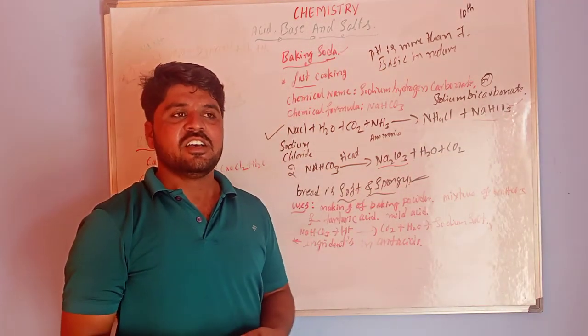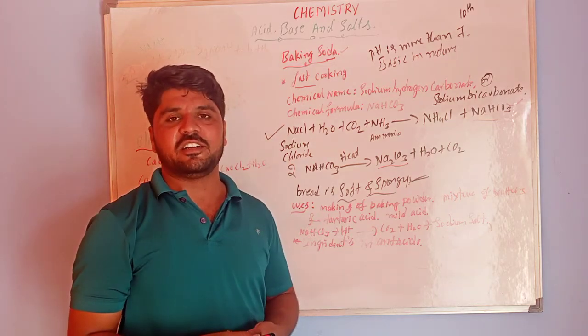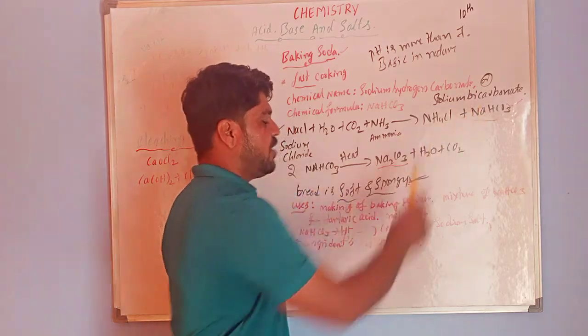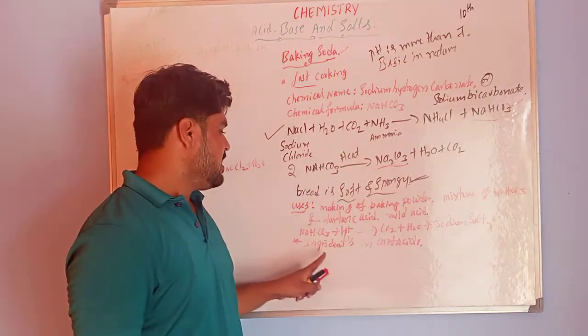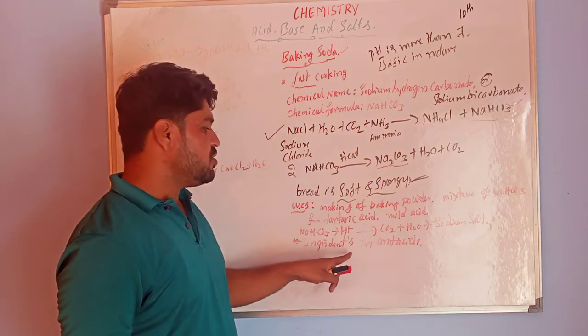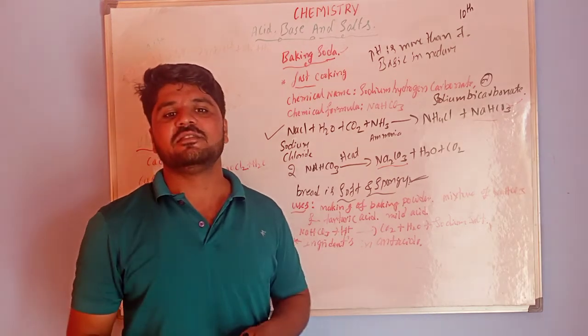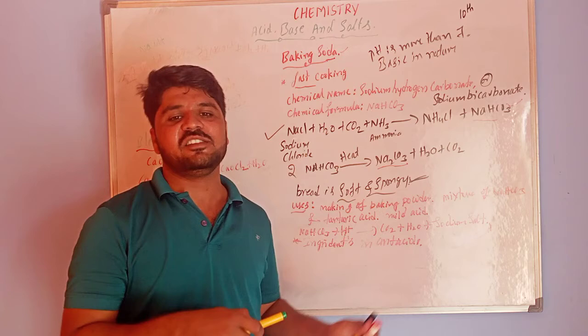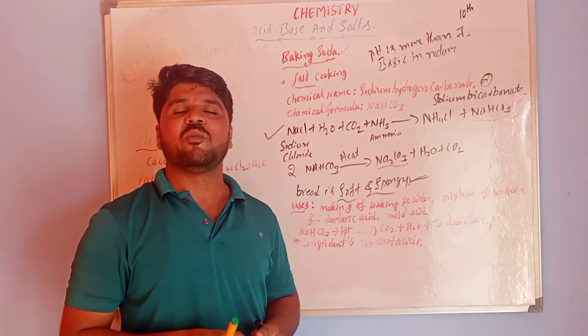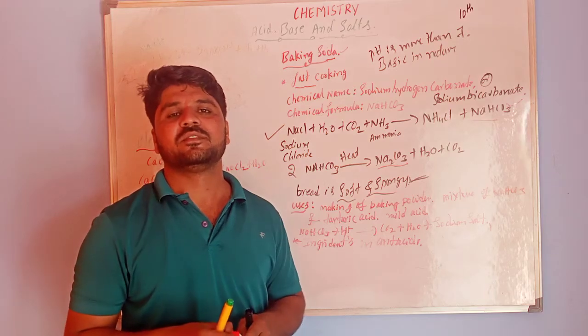In streets, someone sells soda water. That soda water contains this sodium bicarbonate. That's why in preparation of antacids, it is used as an ingredient. It neutralizes the excess acid in the stomach and provides relief.